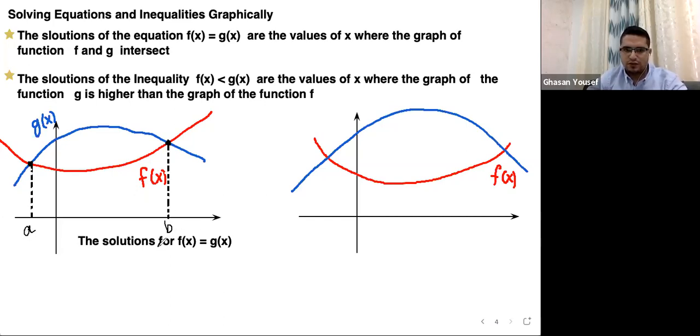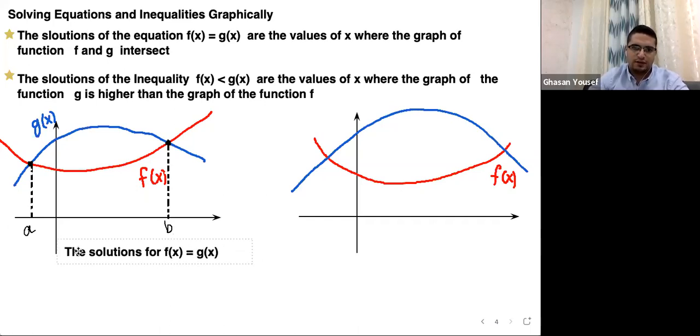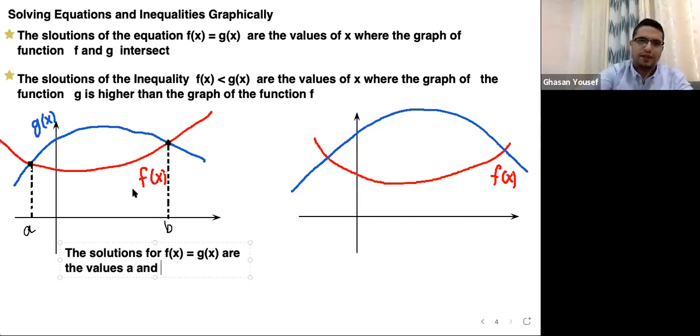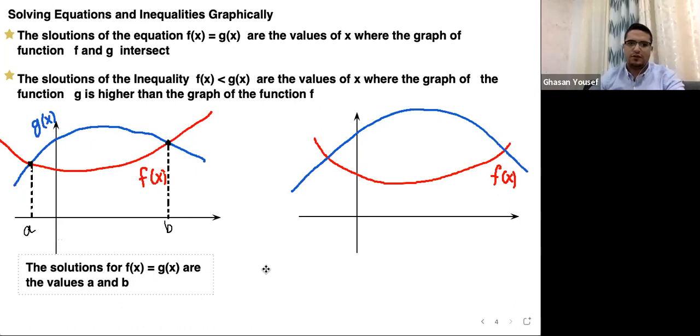So the solutions for f of x equal to g of x are the value a and the value b. Any question for the first one? How to find the solution when f of x equals g of x? Is it clear for the first point?